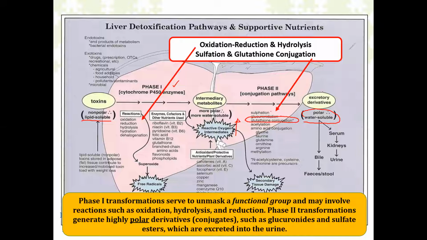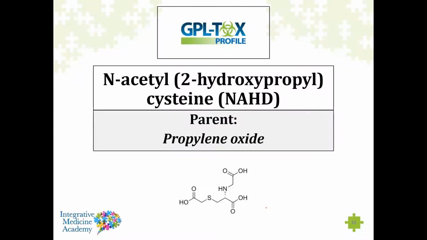And so basically the role of phase 1 and phase 2 liver detoxification is to unmask or alter a functional group on a respective chemical. And then all of these different types of chemical reactions, hydrolysis, conjugation, sulfation, for example, are what do that for us. So let me just show you a quick example.